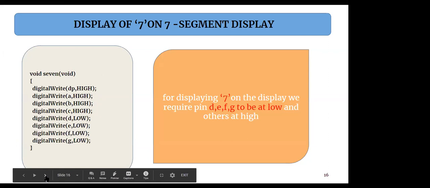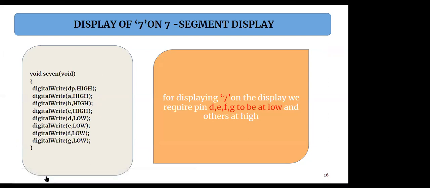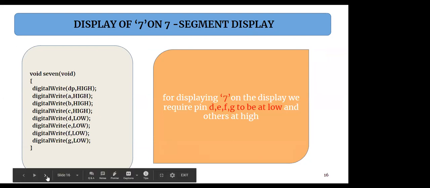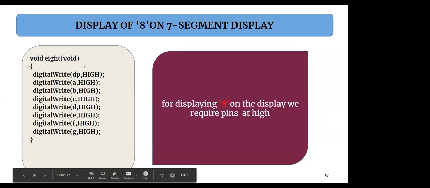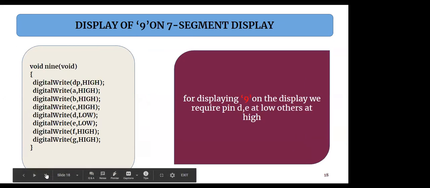Similarly, for displaying 7, we have to keep pins D, E, F, and G low and the others high. For displaying 8, we have to keep all the pins high, so it will display the total number 8 on the 7-segment display. And for displaying 9, we have to keep only D and E low.